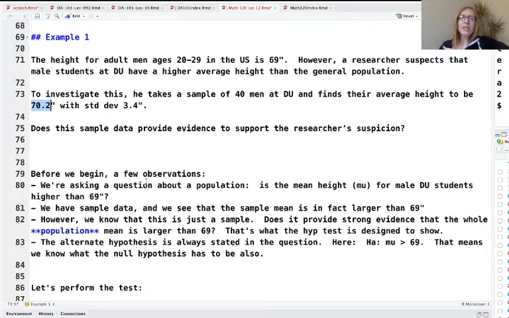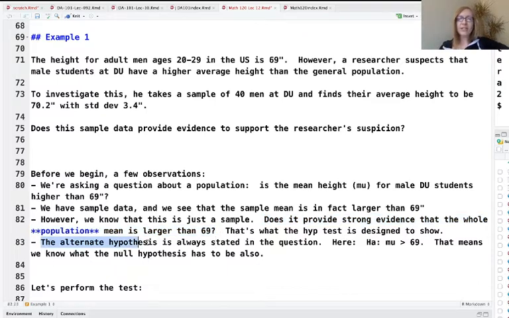But we know that it's just a random sample. And we wonder, does that provide strong evidence that the whole population mean is larger than 69? And that's what this test is designed to show. What sort of evidence do we find in this sample?